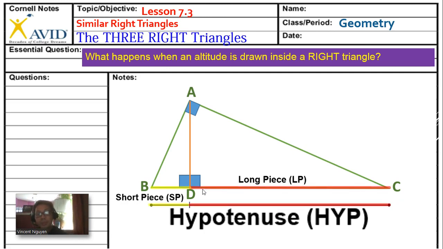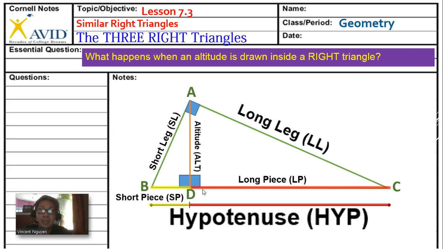Those are the blue pieces that we're probably going to have to find in some of these problems. Then we have the short leg of the big triangle, the long leg of the big triangle, and lastly, the altitude. All of these little segments we have to be able to find.